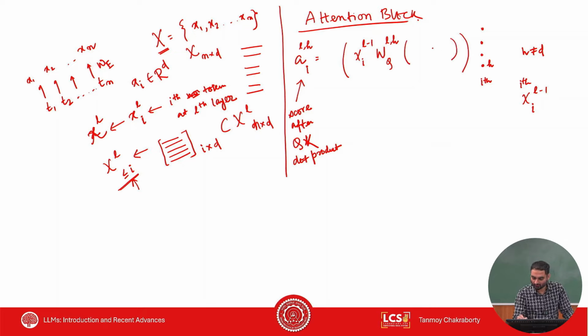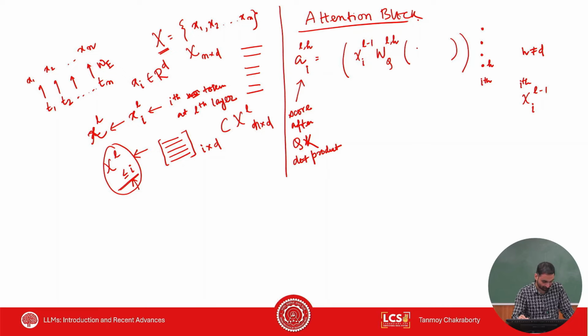Then how do you get the key? So how many keys are there for this query I? I number of keys, right? And this matrix will be used here, of course, for the L minus 1th layer.